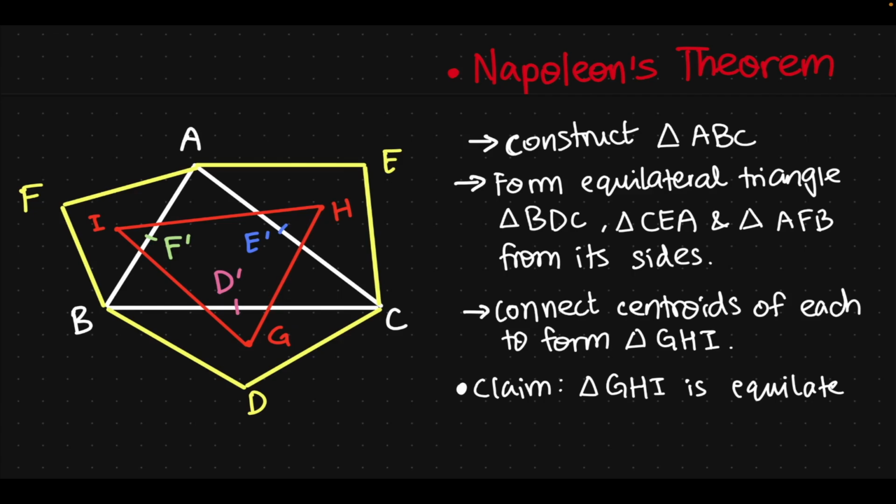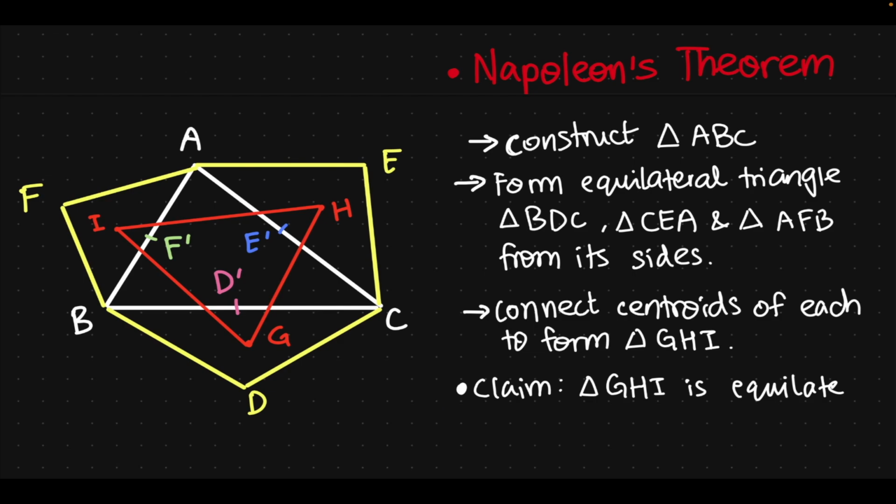Okay, next we connect the centroids of each of the equilateral triangles to form this triangle GHI, this red triangle here. And now Napoleon's theorem claims that GHI is an equilateral triangle.